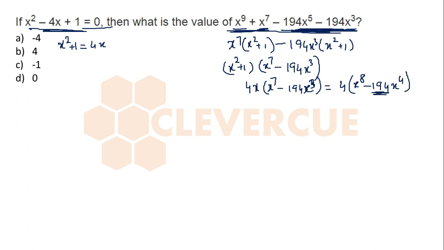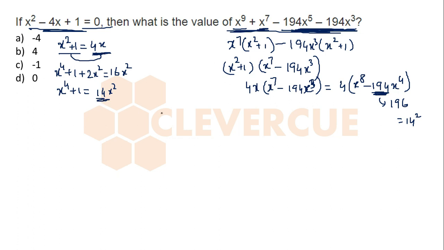Now here if you see this 194, it is somewhere near to 196, that means 2 less than 196. That means 196 is equal to 14 square. Now if you observe here clearly, if you square on both sides, you will get x to the power of 4 plus 1 plus 2x square is equal to 16x square, where x to the power of 4 plus 1 you will be getting 14x square.